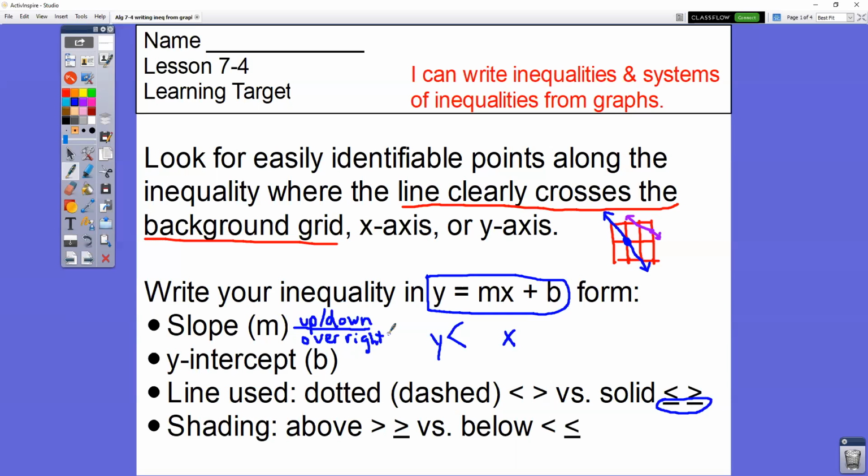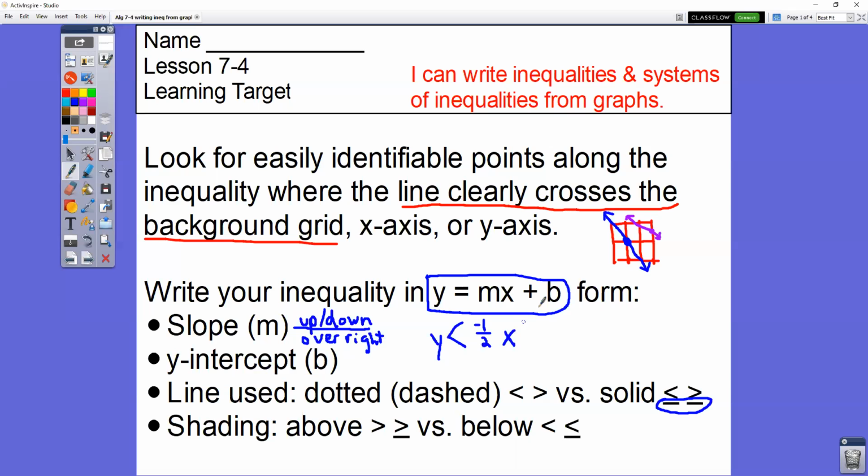There are a couple of people on their graphs from yesterday that were going to the left instead of going over to the right. Remember, the top number is how many you go up or down. The bottom number is how many we go over to the right. So you're going to get things that maybe look like 1/2. That would really be up 1 over 2. Or maybe you get something like -1/2, or we're going down 1 over 2.